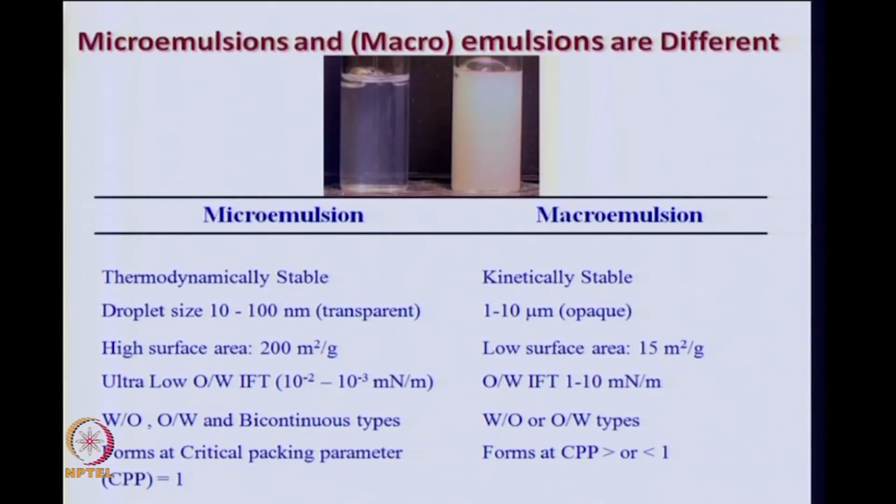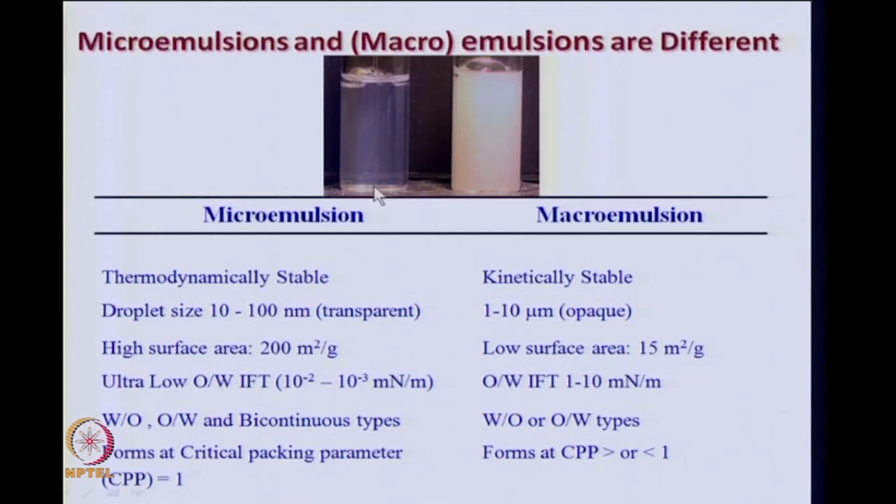Now, microemulsions and macroemulsions are 2 different things. So, what is a microemulsion? A microemulsion, as we just mentioned, is a transparent solution and is thermodynamically stable. If you see on the left, this is a transparent system where you can see through this solution. So, this is a microemulsion, whereas the macroemulsion is opaque and you cannot see through that.